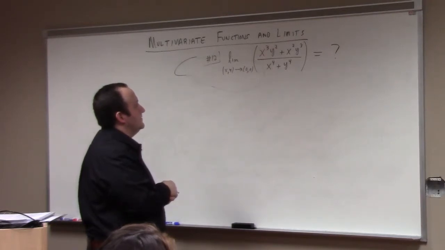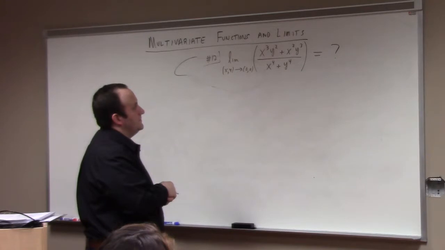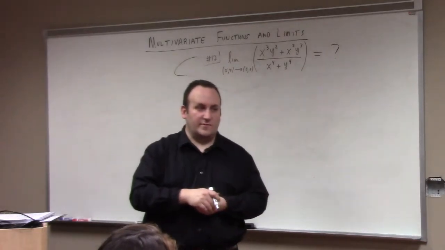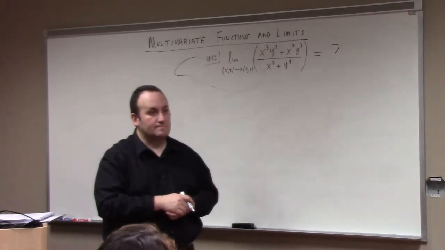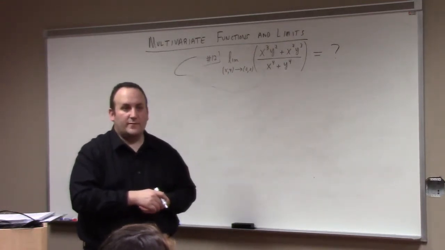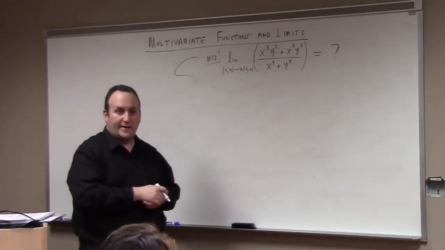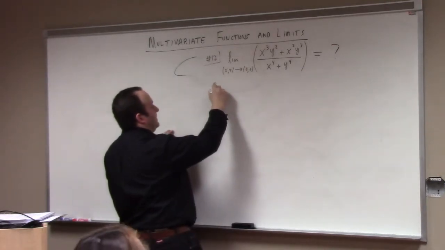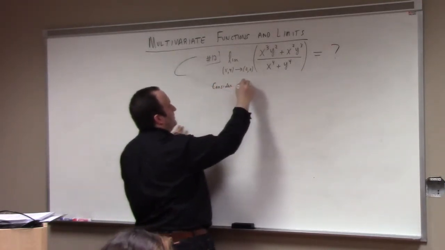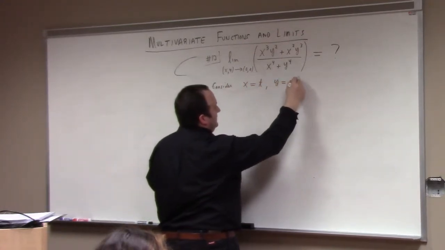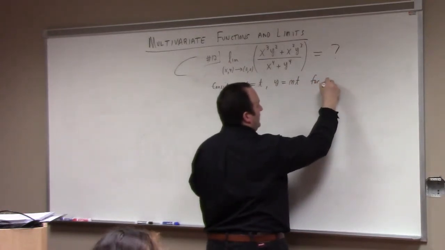Let's see here. Well, there's an x and a y in every term upstairs, so if I look at the coordinate paths, I'm going to have 0 for both coordinate paths, if you think it through. Maybe instead of the coordinate paths, let's try something a little bit more adventurous. Let's try an arbitrary path. Let's consider x equals t and y equals mt for arbitrary m.